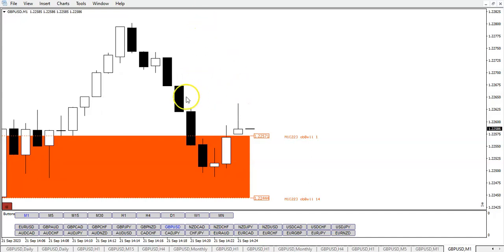So the sellers have pushed back here. Let's see what happens. And then of course the order block traders usually are looking for bigger runs than just a few pips. But you saw that was a very nice move there.